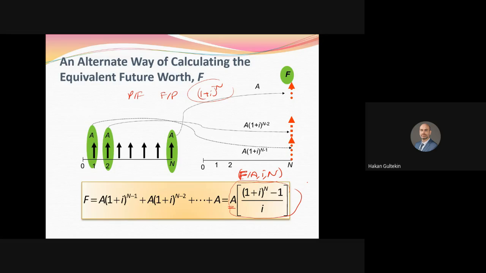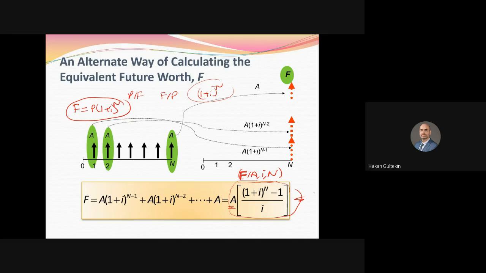Again, in this course, we expect you to be able to use both of them. By the way, you don't need to memorize these formulas. The only formula that you need to memorize is this one: F is equal to P times (1 plus i) to the power n. You should know this.